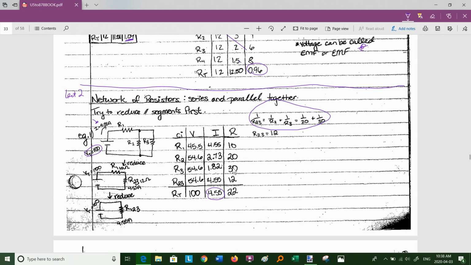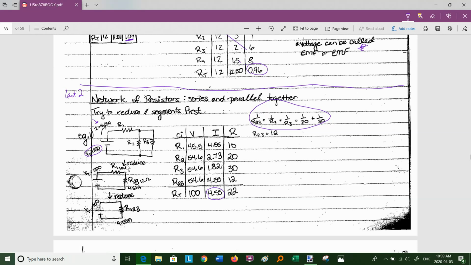So 1 over 20 plus 1 over 30, and then R23 is the reciprocal of that, which is 12. Then I've got 12 plus 10, so 22 ohms in total.